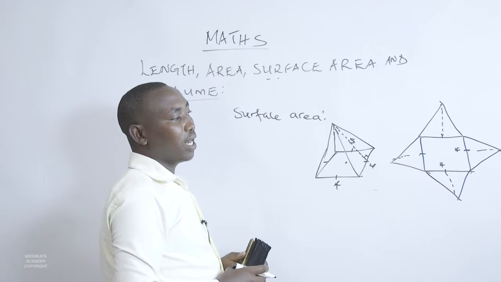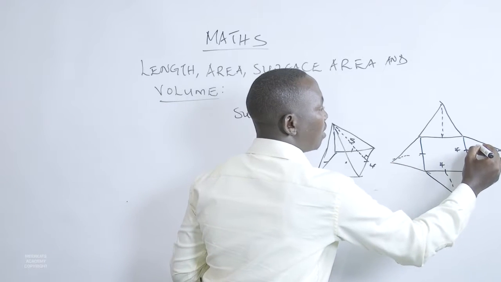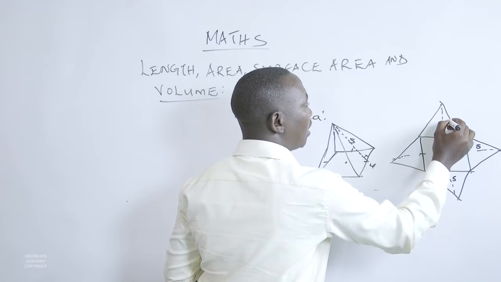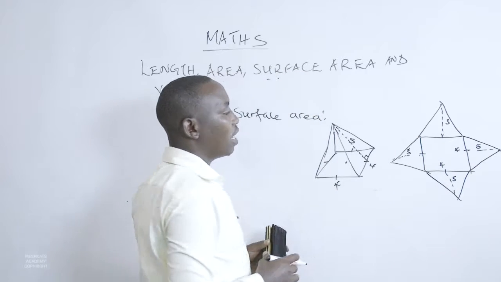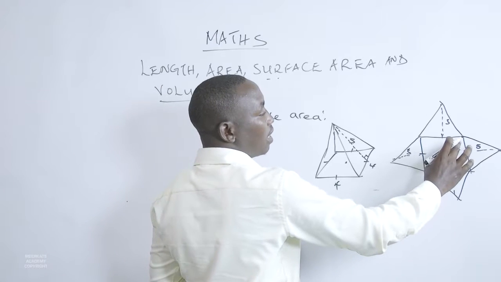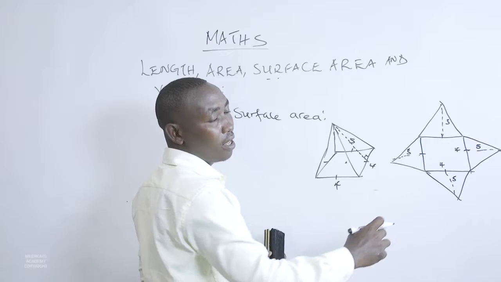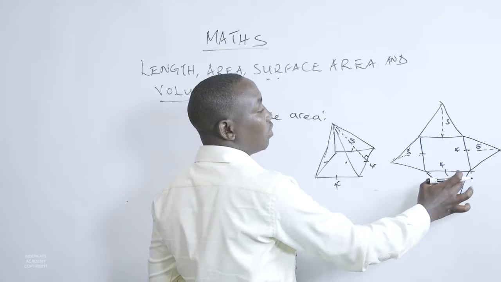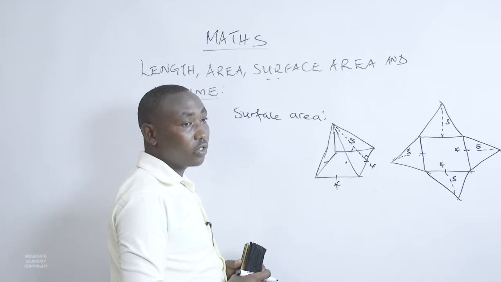Now, for us to be able to calculate the area of this solid, which is a square-based pyramid, you need to take the area of the base, then we add the areas of these 4 triangles.